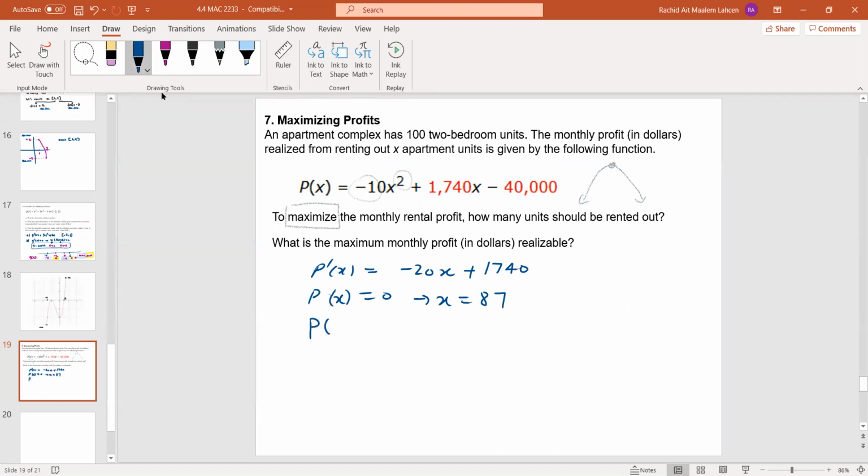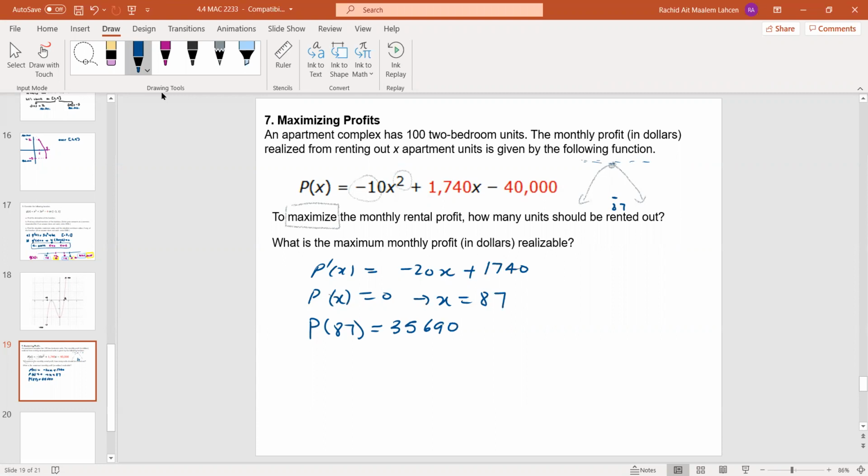So 87 is there. So now what is this y value of 87? You substitute into P and you'll find 35,690.